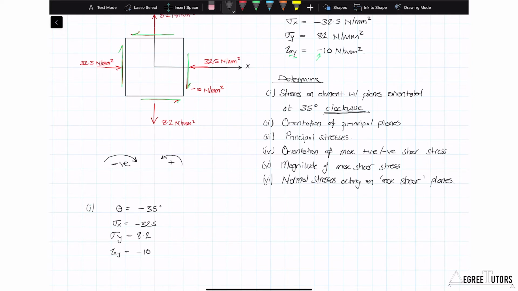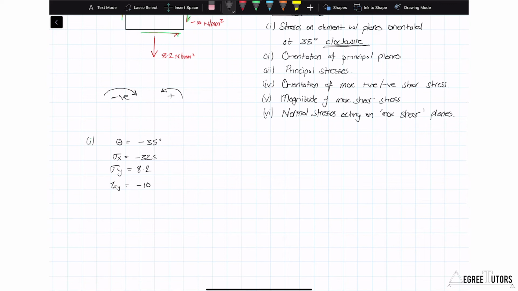I'm not going to do it out longhand, but you can plug that into transformation equation 1, which gives me sigma x1 equal to minus 9.7 newtons per millimeter squared. I'm then going to sub into my third transformation equation, TE3, and that would give me sigma y1, which is equal to negative 14.6 newtons per millimeter squared.